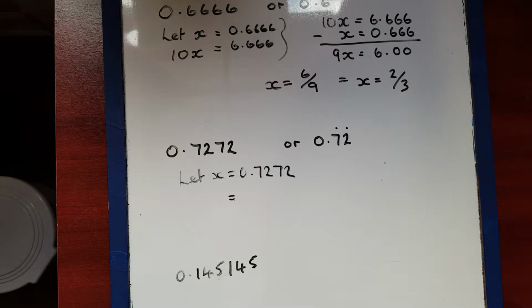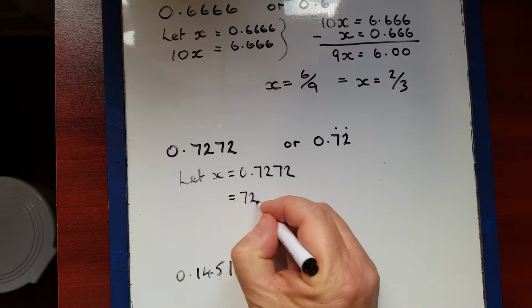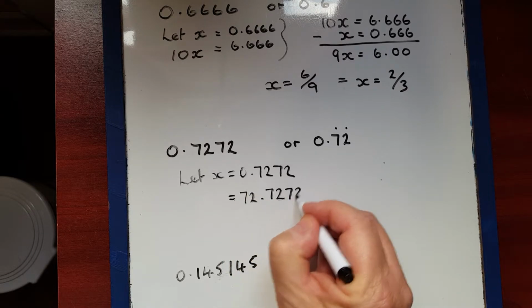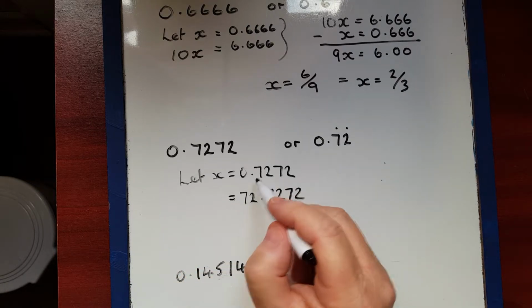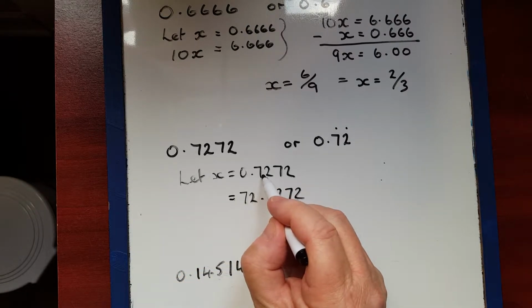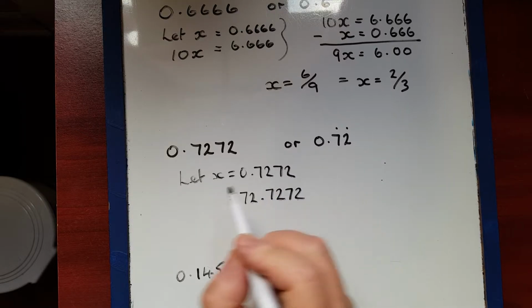Now the pattern is 727272. So what we really need here is 72.7272 and so on. To do that, we've had to multiply by 100, haven't we? We'd be multiplying by 10 to get the first 7 across the point, and then by 100 to get that first 2 across the point.